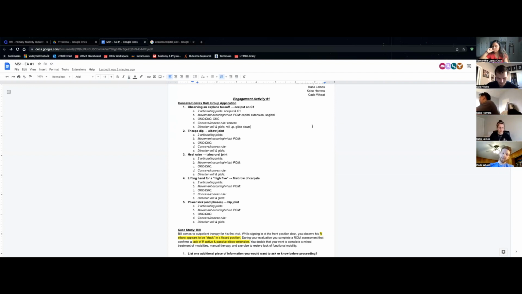Oh, I think I got something. Okay, this is kind of weird. So this is the C1. This is going to be the occiput. So the glide is it going like this, and then the rolling is going to be the turning of it.